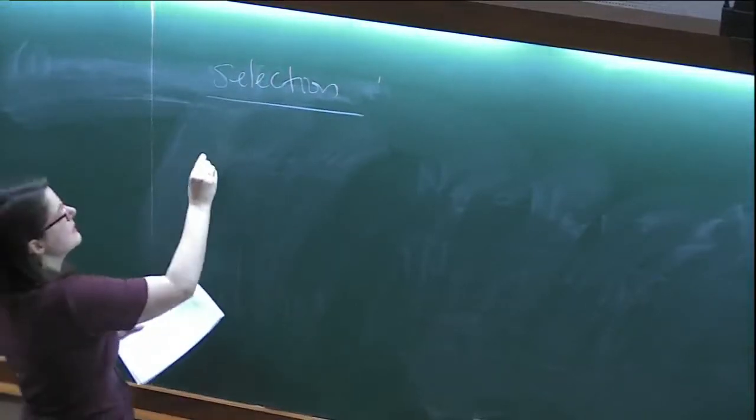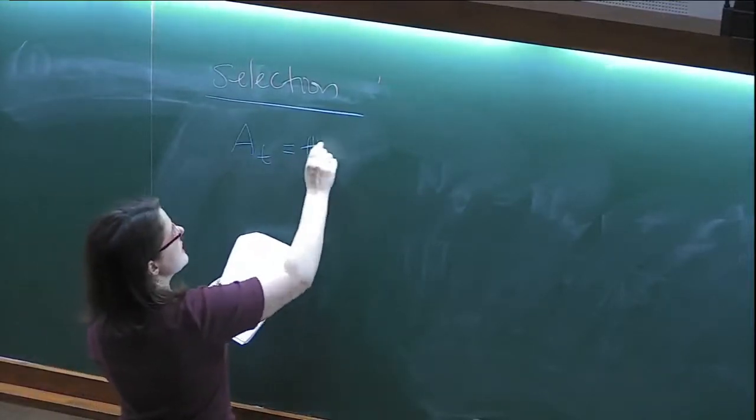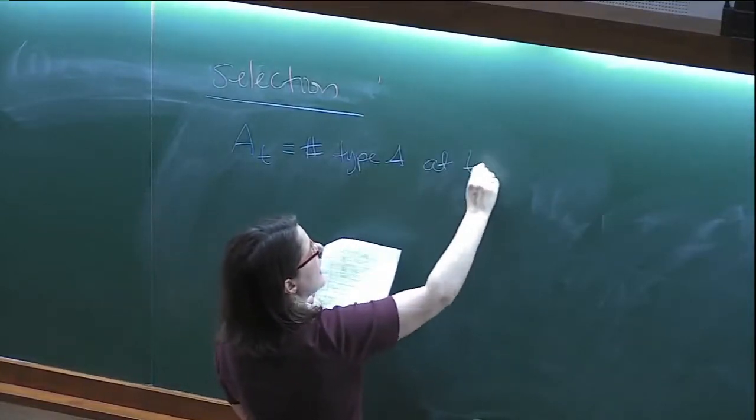So we're going to let, before I was using n of t to be the number of individuals at time t. Now I'm going to keep track, again, kind of sloppily. This is the number of type A at time t.